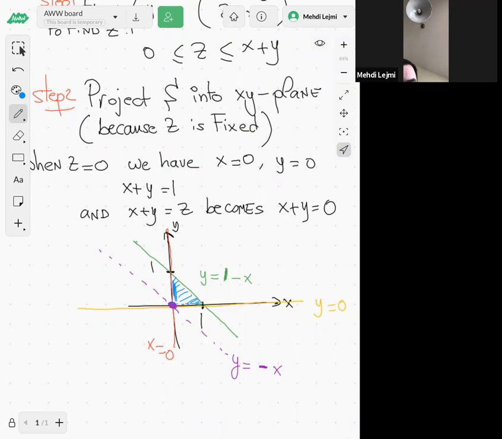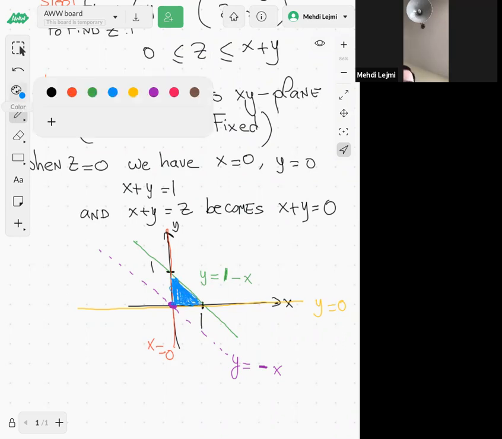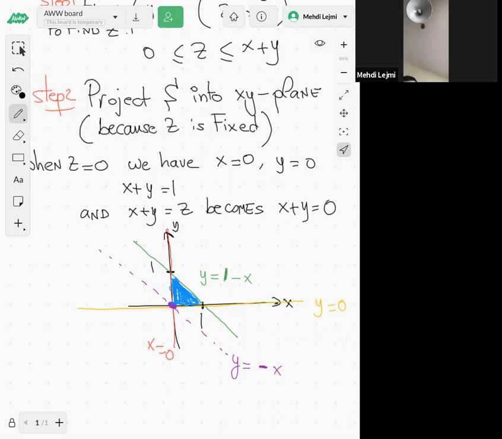In other words, for example, if we start with y, you can say y is between 0 and 1, and x is between 0 and 1 minus y.